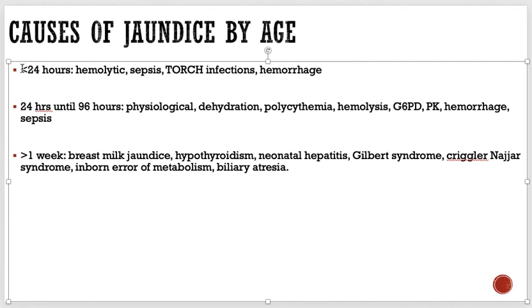These people have decreased levels of the enzyme glucuronyl transferase, which does the conjugation, converting the unconjugated bilirubin to conjugated one.